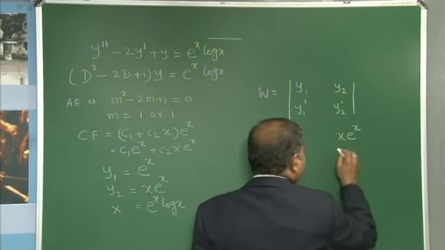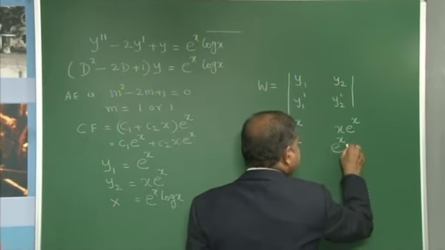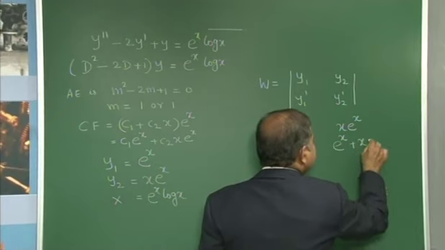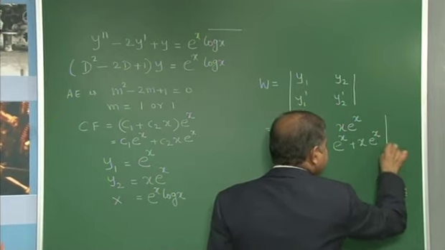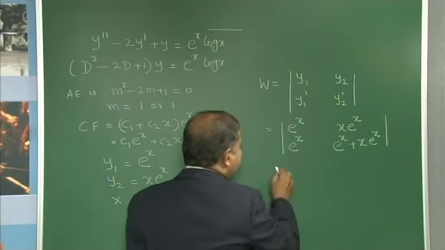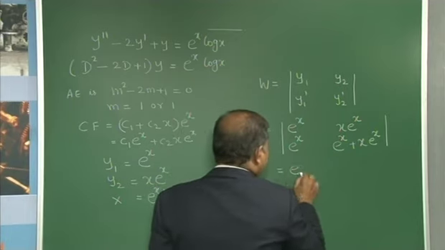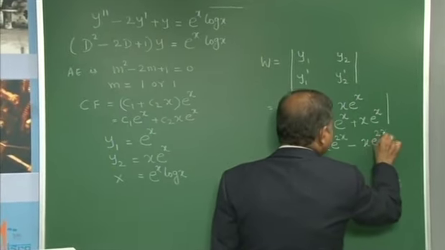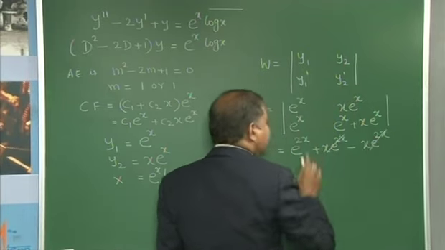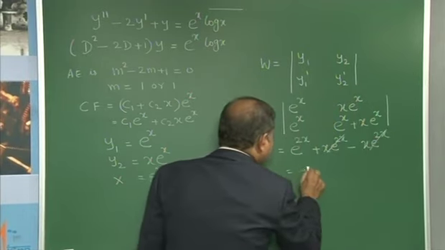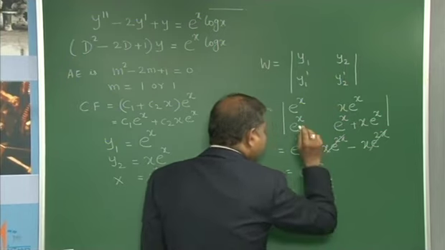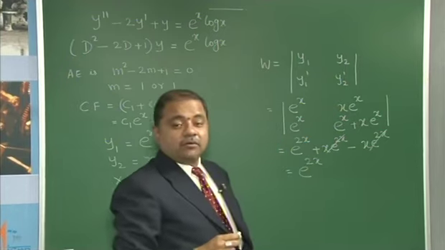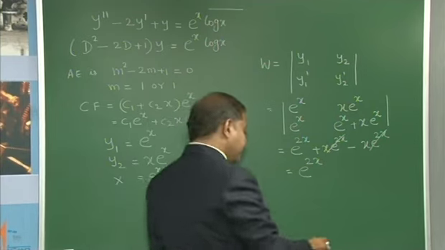For the product rule, (x e^x) differentiates to e^x (1 + x), as e^x differentiation is e^x only. Expand the determinant: e^2x plus x e^2x minus x e^2x. So x e^2x gets cancelled. I got the result W is e^2x.